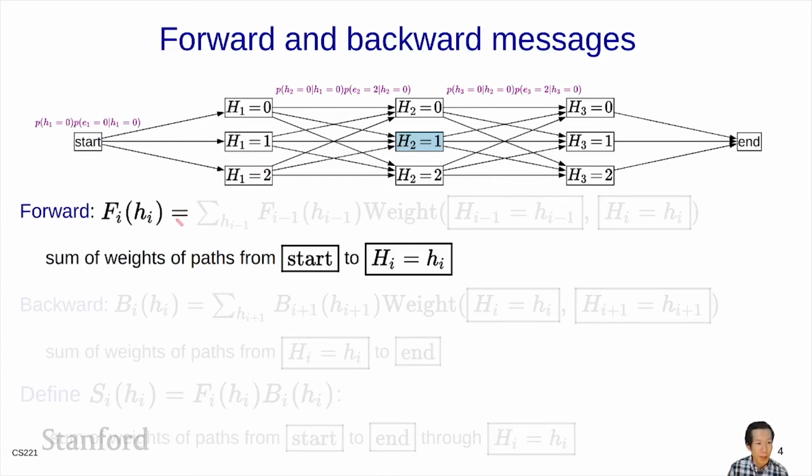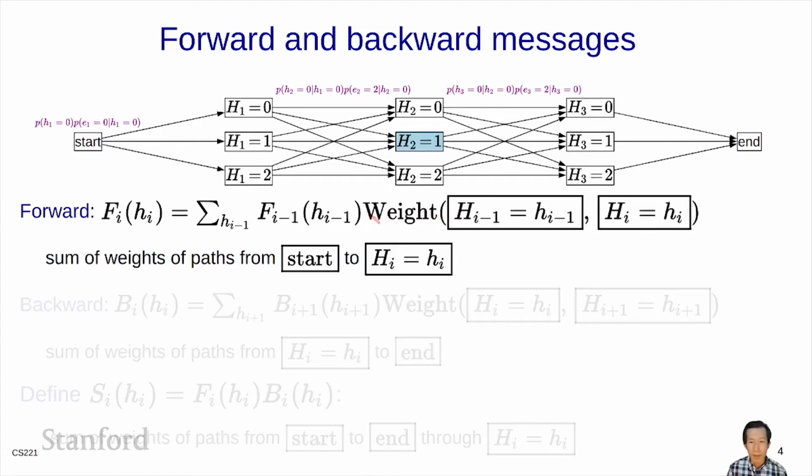So I'm going to sum over all possible h_{i-1}, so values of the previous variable. And then I'm going to recurse on f_{i-1} of h_{i-1}, so the sum over all the weights to each of these previous locations, times the weight along the edge from a particular h_{i-1} to h_i.